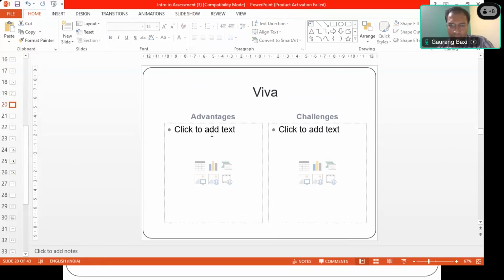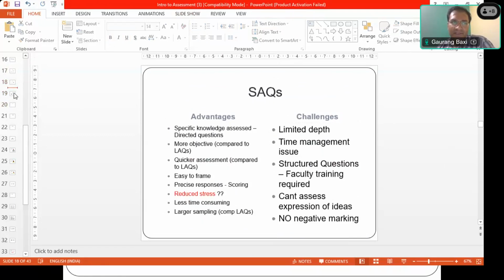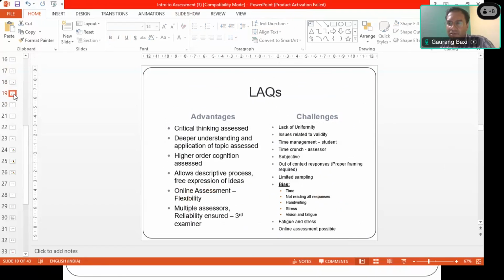So one more thing before we move ahead. These SAQs and LAQs are also called free response type questions. The students are free to respond in any way, compared to MCQs in which the students have to just select the responses in front of them.